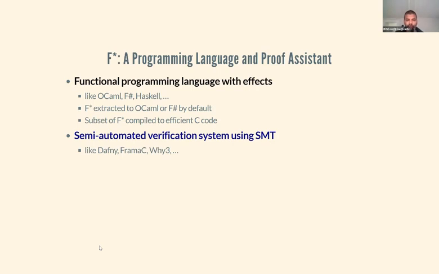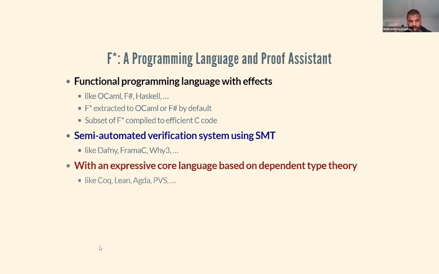Beyond being a programming language like mainstream ones like OCaml or Haskell, one of its most distinctive features is that it's also a verification system, and it's got SMT-based verification built into the type checker, making it look a bit like other SMT-based verification languages like Dafny or Why3, if you're familiar with those.